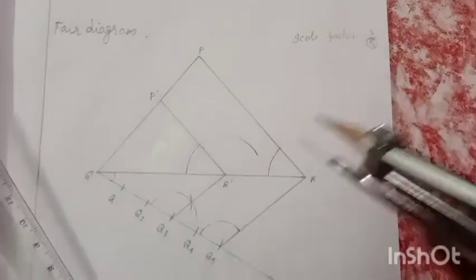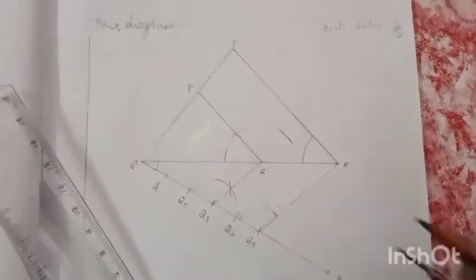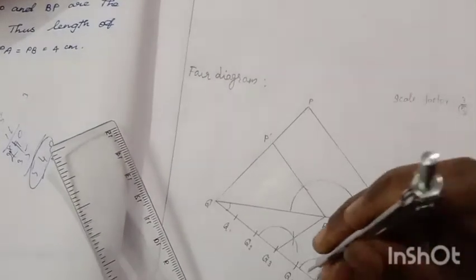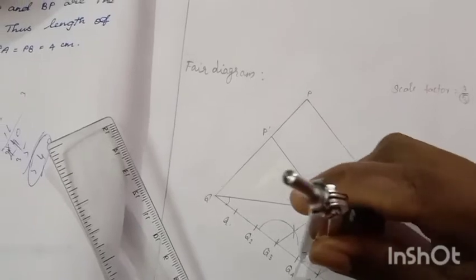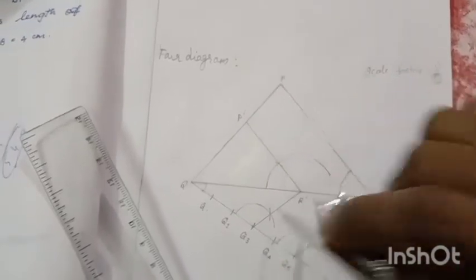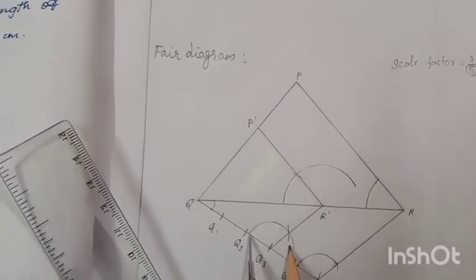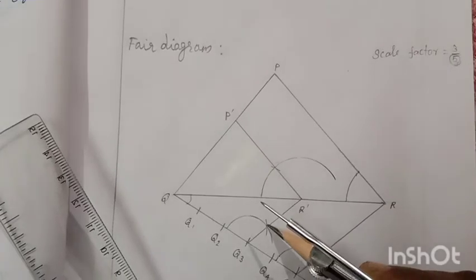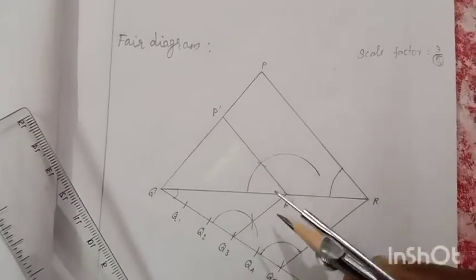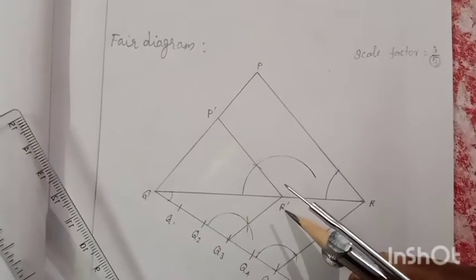Then measure the distance between these two, and with this measurement, keep the compass needle here and draw an arc. Now you get one intersecting point. Through this point draw one line segment. The line segment meets QR at the point R dash.